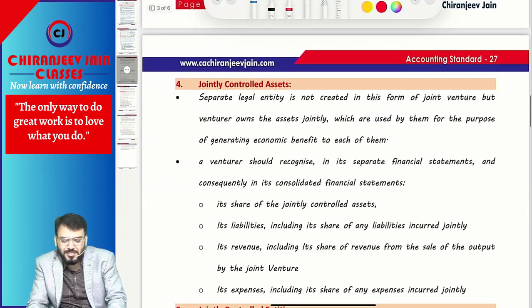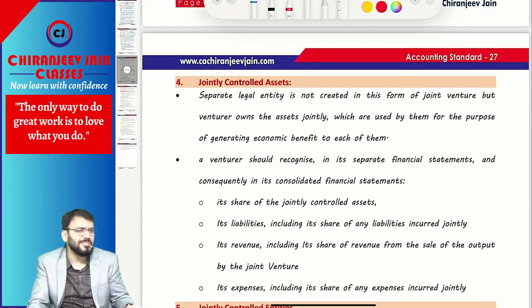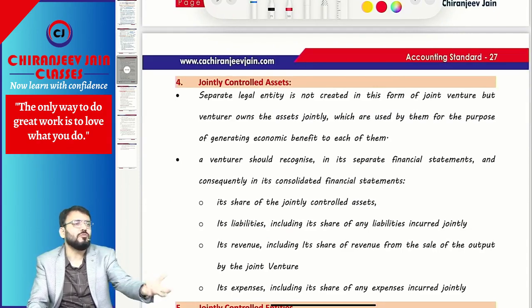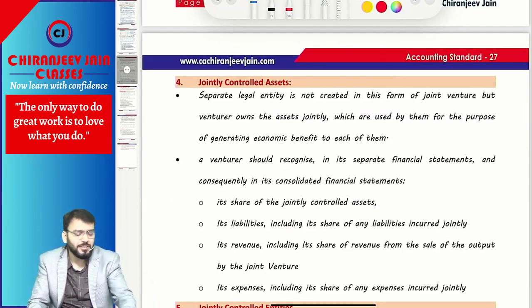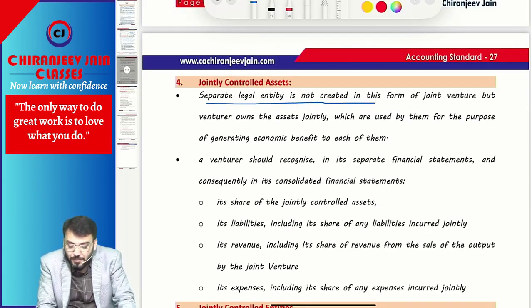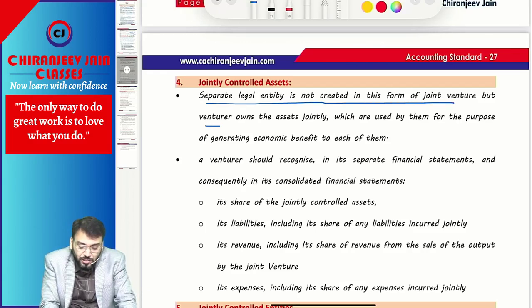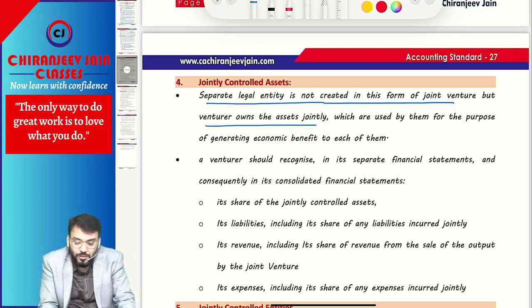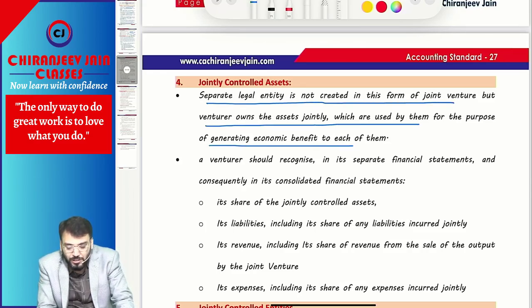Understood? Same thing for jointly controlled assets. No separate legal entity is created in the form of a joint venture, but venturers own the asset jointly, which is used by them for the purpose of generating economic benefit to each of them.